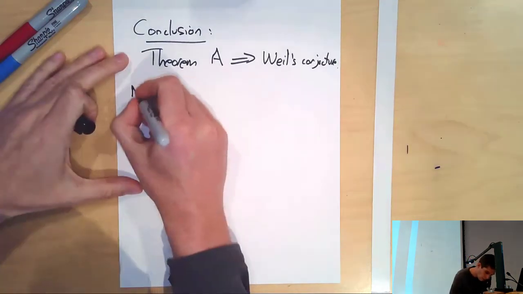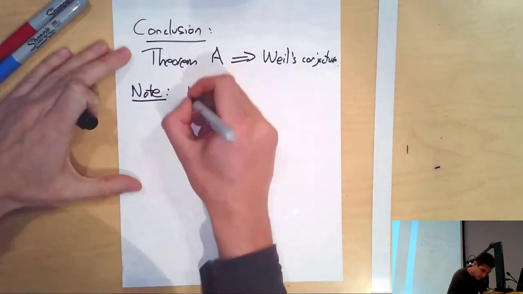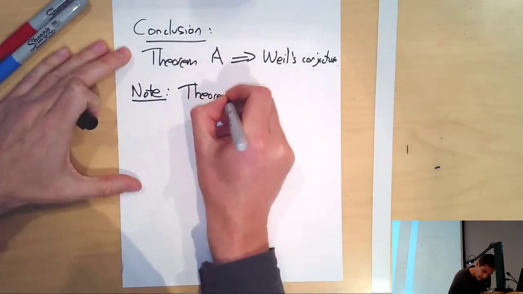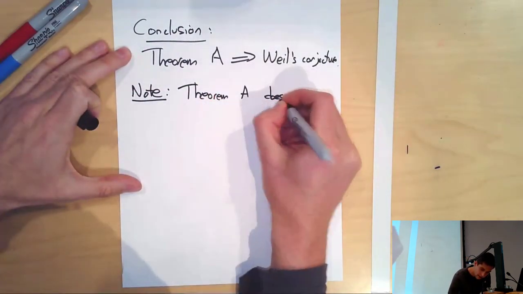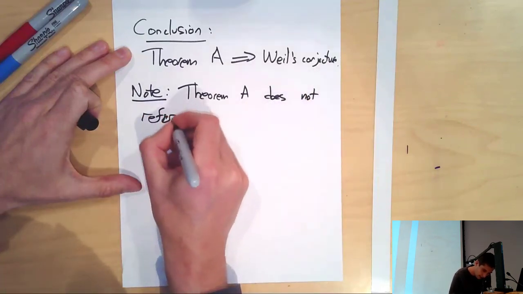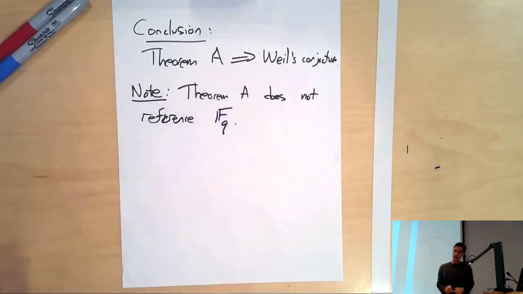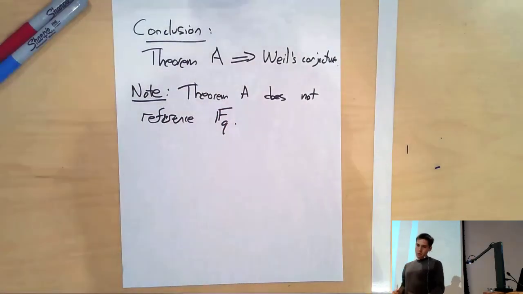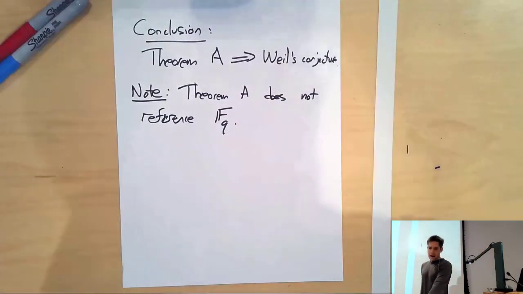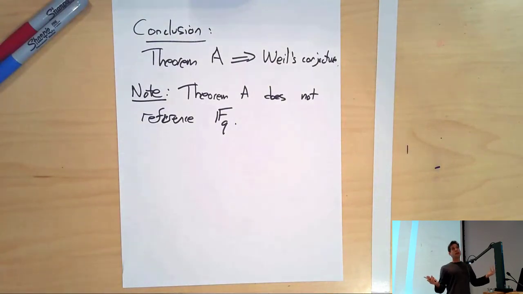So it's also a geometric statement. So note that theorem A does not reference the field F_q. It's a statement that you could make sense of for any group scheme G over any algebraic curve over any field.